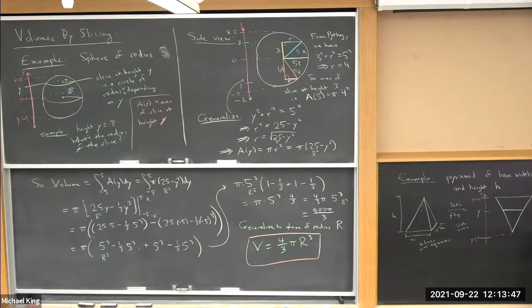Let's just call that X. So X is the width of the slice at height Y. Like we said, this distance right here is W.